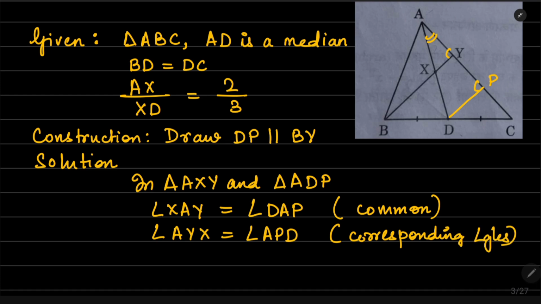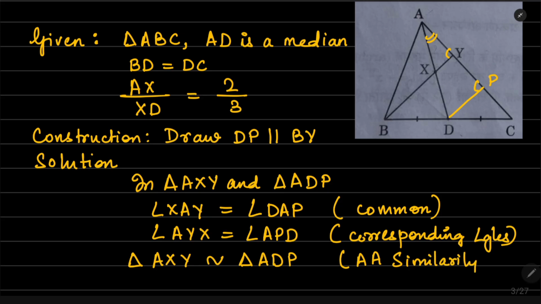Now using these two, we can say that triangle AXY is similar to triangle ADP. Using which similarity? Angle similarity. Okay. Now once it is similar, what can we write?